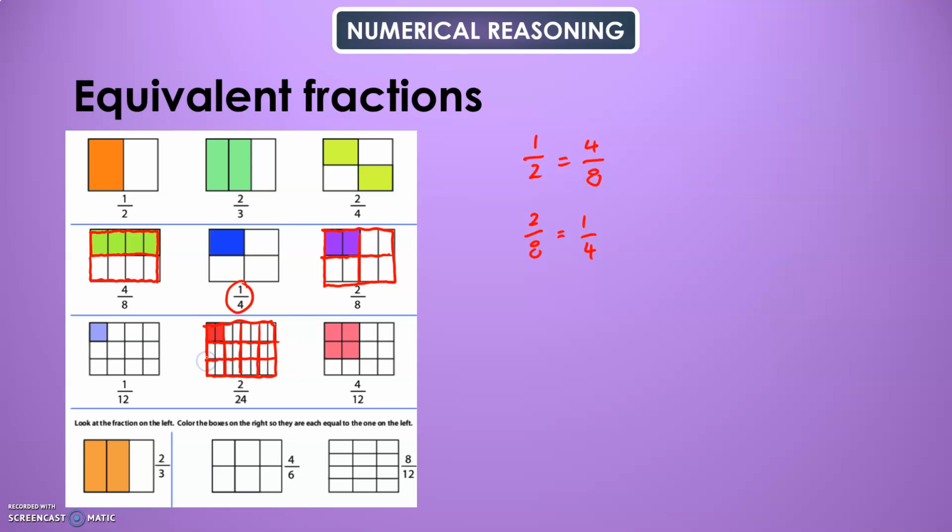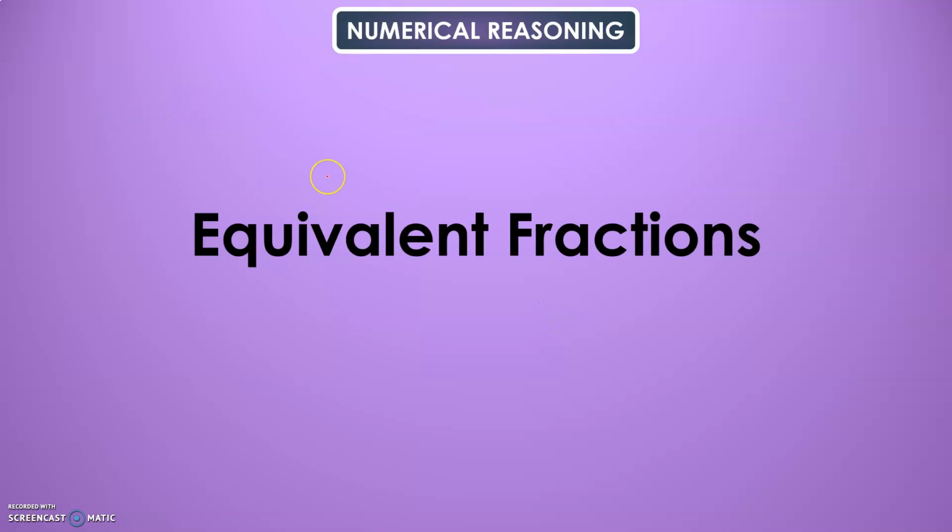Each one of the two rectangles makes a square, and you can see two of those. So 1/12 is equal to 2/24. That's the only ones that are equivalent fractions. Actually, it's a little bit more difficult to see.